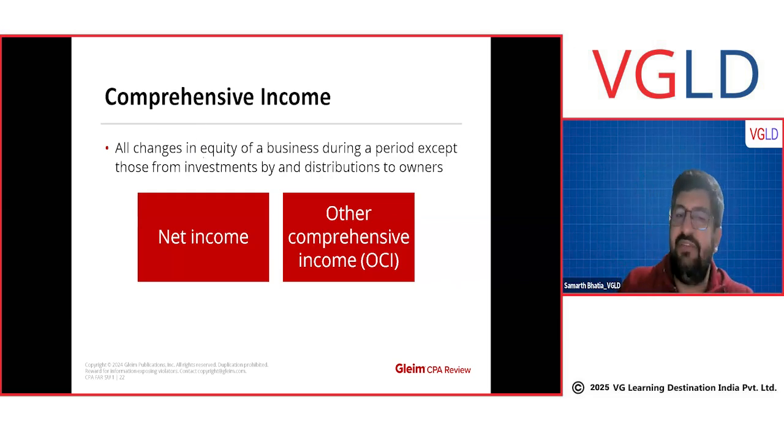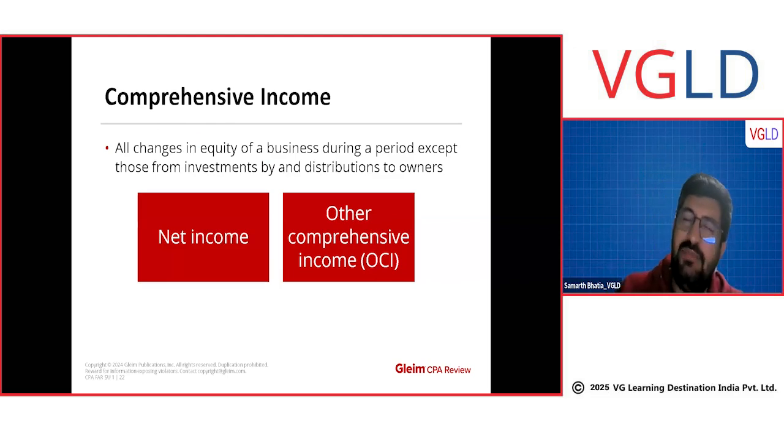Comprehensive income is mainly all the changes in the equity of a business during a period, except those from investment by or distribution to the owners, arising from net income and other comprehensive income.